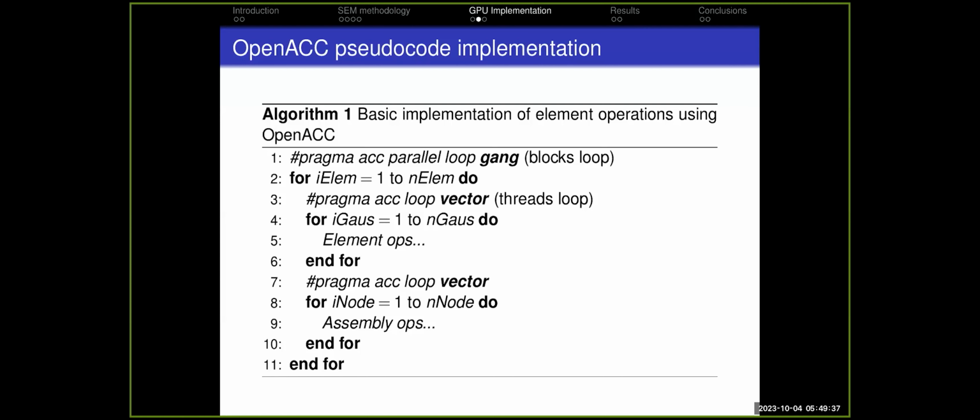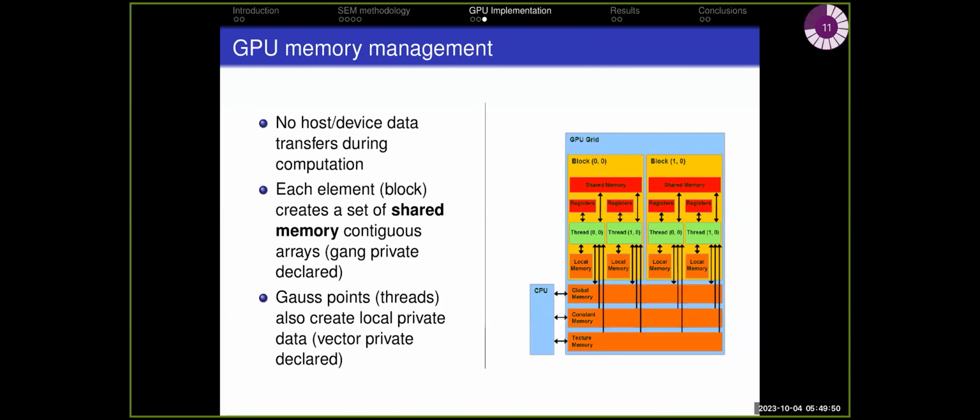So for example, instead of always accessing the global variable containing velocities, we actually create a block of contiguous shared memory for the velocity and access that as private memory.